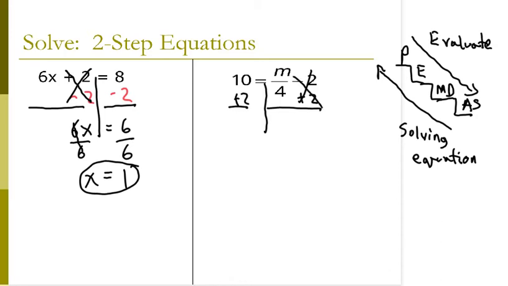And so we're left with just m over 4 equals 10. We want to perform the inverse operation, which would be, in this case, multiply. So we're going to multiply both sides by 4 since we're dividing by 4. These undo each other, and that leaves us with m equals 40.